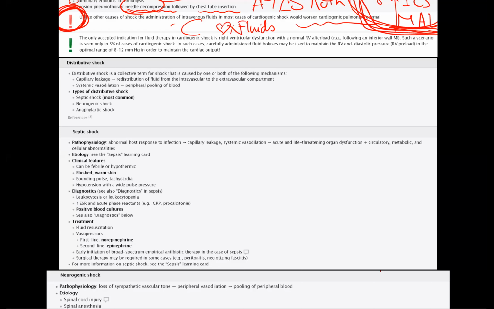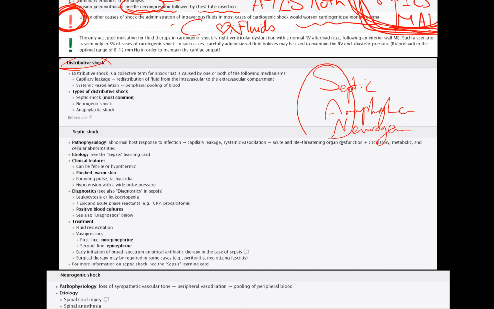We have now distributive shock: septic, anaphylactic, and neurogenic. Those are the distributive shocks.